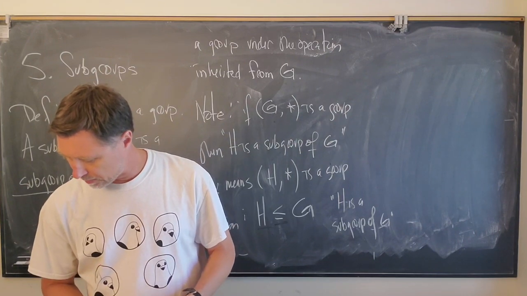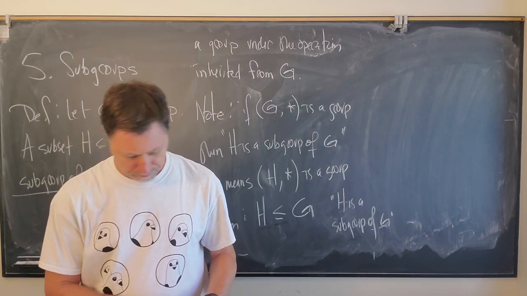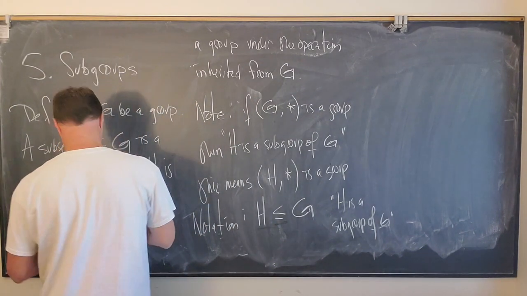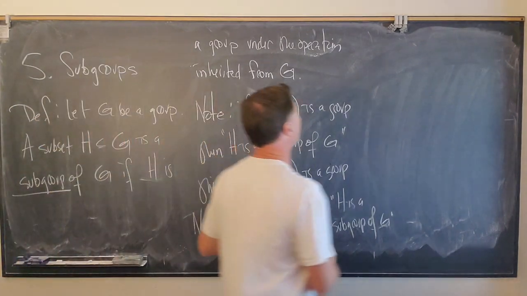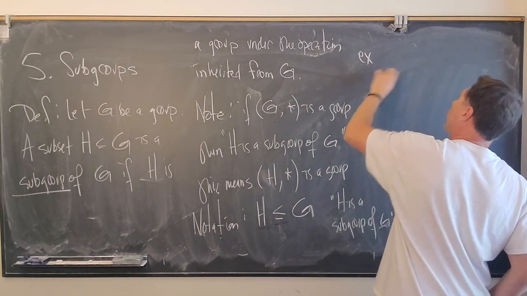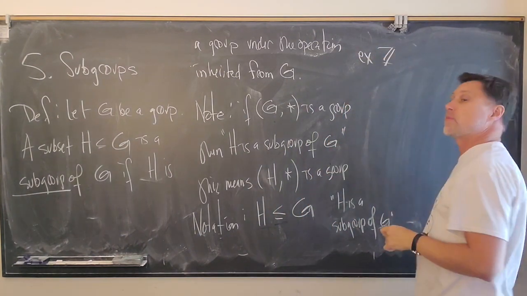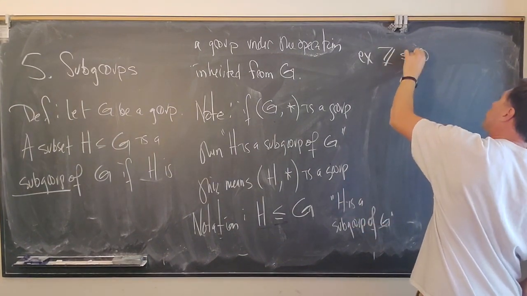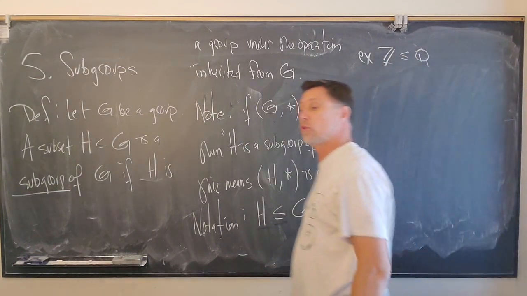So let's look at some examples. So our first example, the group of integers, remember that's under the operation of addition, is a subgroup of the group of rationals.